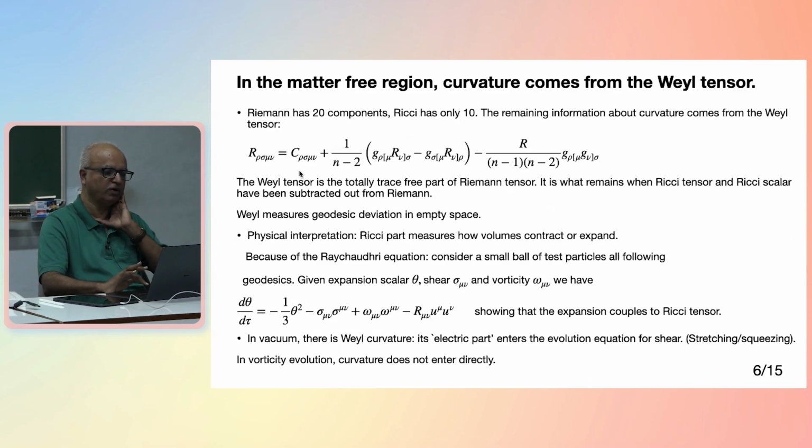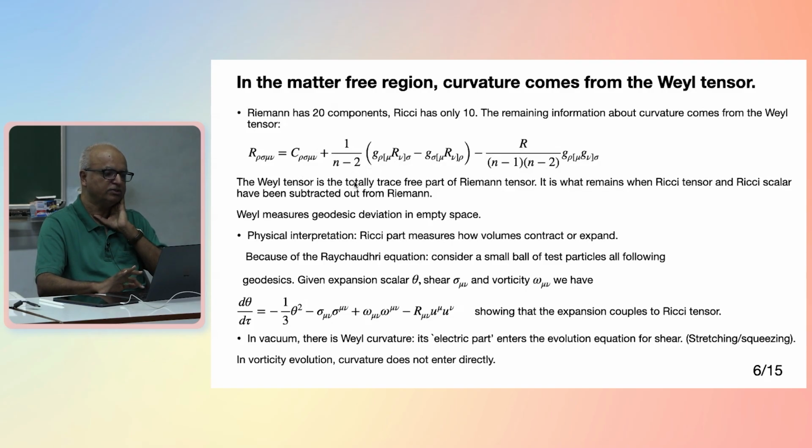Riemann equals Weyl plus a part, where n is the number of space-time dimensions, so 4 for us; put 4 in this expression. This part you can see is made only from the Ricci tensor and Ricci scalar. These square brackets denote anti-symmetrization.